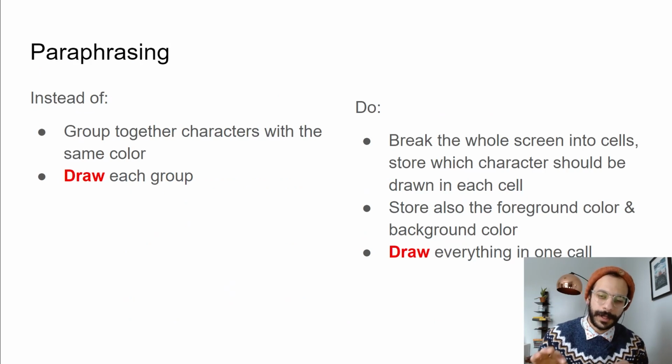So the important takeaway is that what's on the right is a lot more work on the CPU, a lot more instructions, a lot more actual things happening, but it's like 1,000 times faster. That's because you avoid going back and forth between the CPU and GPU so many times for every distinct group of colored characters.